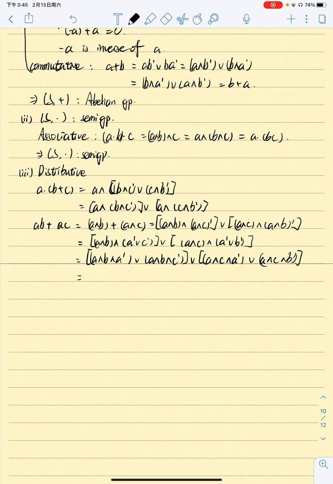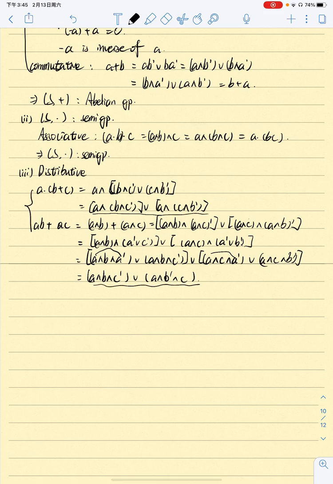Okay, then A and A prime is 0. So here remains A and B and C prime, or A and C, A and B prime and C. Okay, actually here are the same equations.